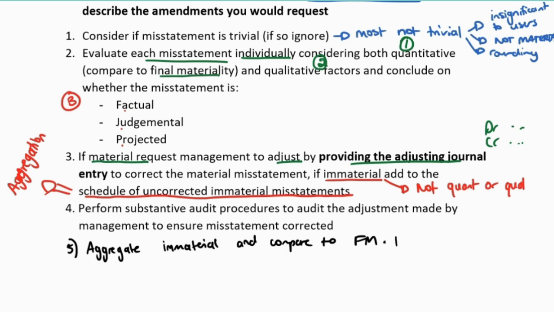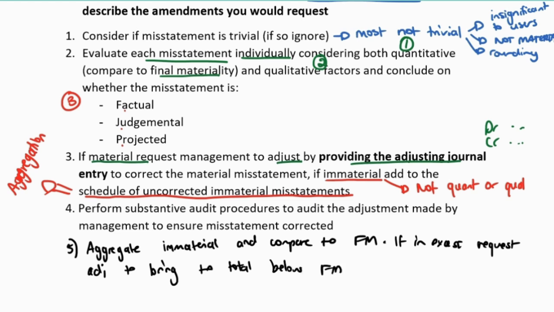And if it's in excess, I need to request adjustment to bring the total below final materiality.